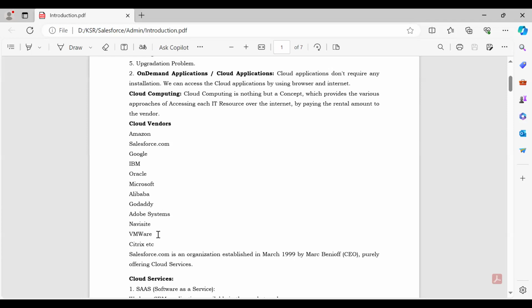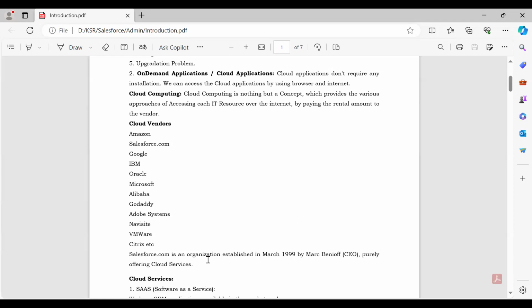Okay. Salesforce. Now, what is Salesforce? Salesforce.com is an organization established in the year 1999 by a person called Mark Benioff, purely offering cloud services. So it is not a new organization. It was established in March 1999.